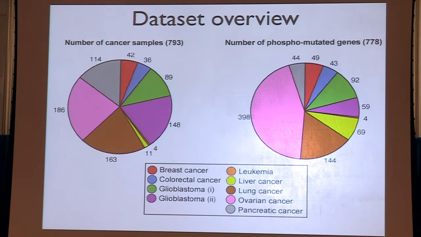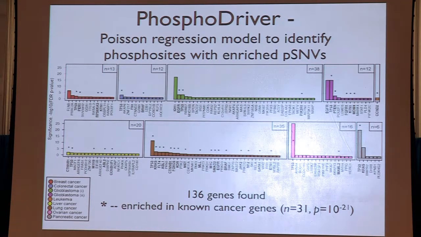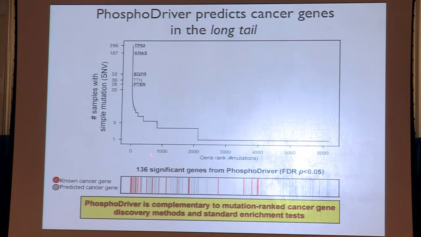So we looked at 800 samples from 8 different tumors, and we found 136 genes that were significantly mutated at specific phosphorylation sites. We call this ActiveDriver. This plot shows where those are found.